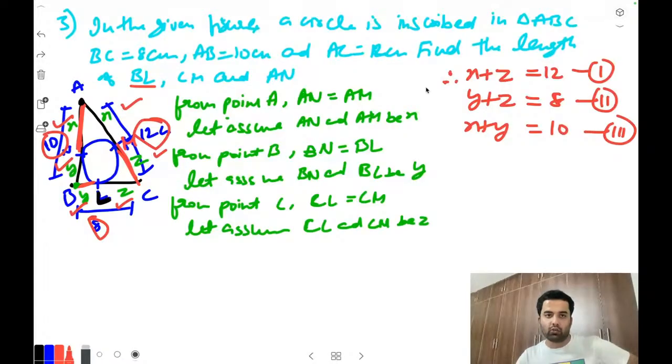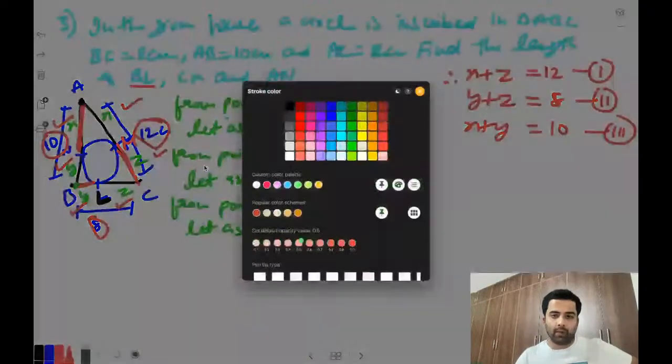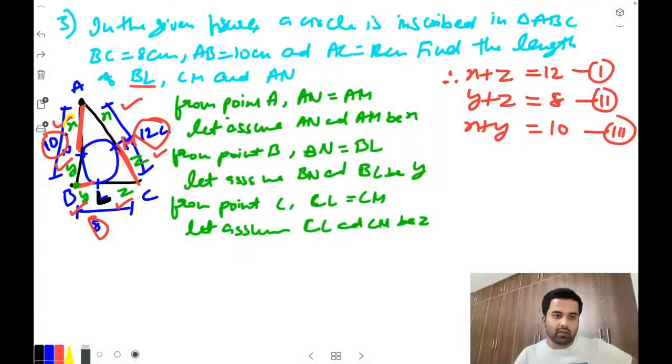Try this at your home and let me know the answer of all the things. I want the answer of this x, this y, and this z. You need to figure out the x value, y value, and the z value.